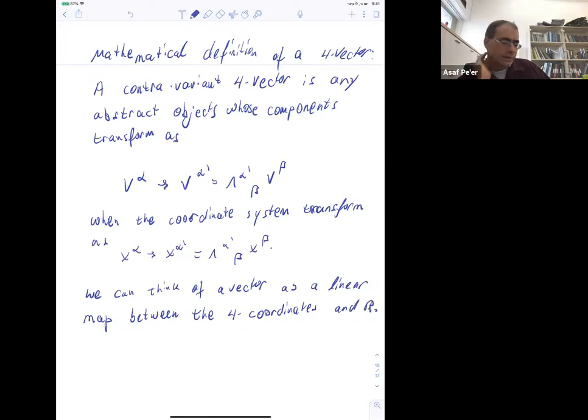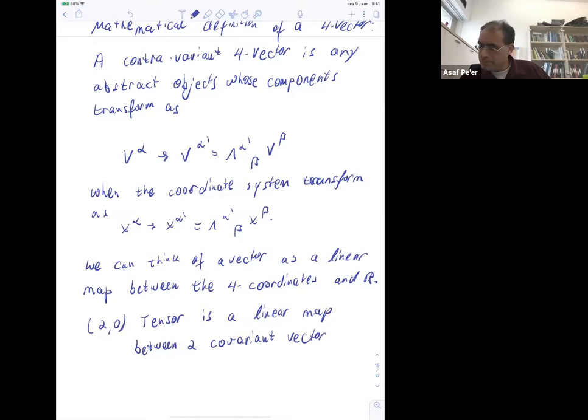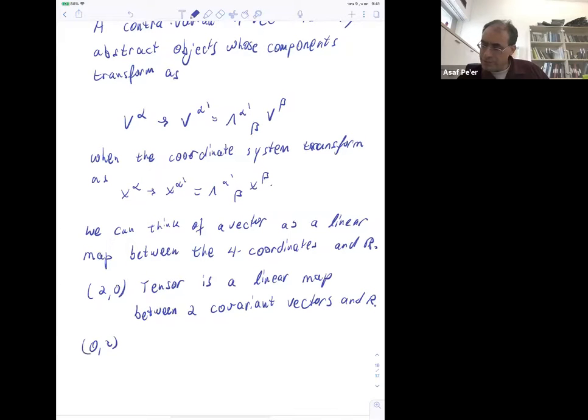So a 2-0 tensor can be thought of as a linear mapping between 2 covariant vectors and R. To write it down: a 2-0 tensor is a linear map between 2 covariant vectors and R. And a 0-2 tensor is a linear map between 2 contravariant vectors and R.